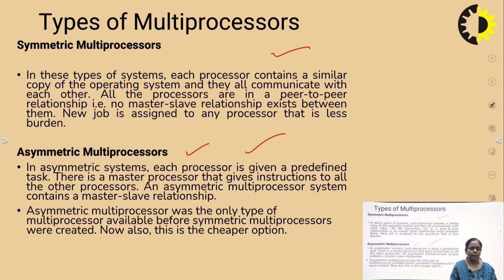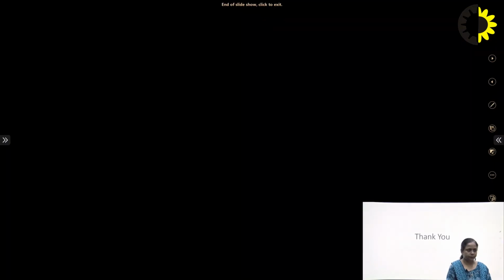We can say in this case, the master will give the instructions to the slave. So in the asymmetric multiprocessor, the master-slave relationship is maintained, and in the case of the symmetric multiprocessor, the master-slave relationship is not kept. Okay, thank you.